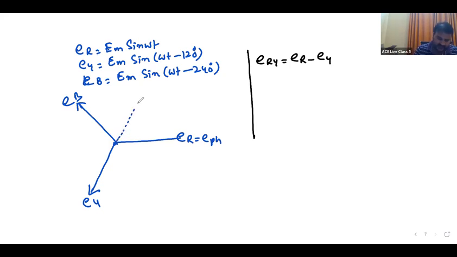Now the resultant is the resultant EMF of ER and minus EY.